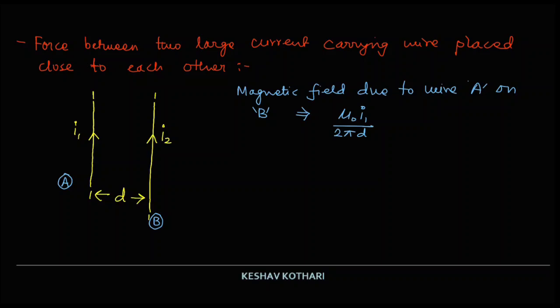So if I select a portion somewhere in the middle of the wire, say having length L, the direction of magnetic field due to this is in the inward direction, having the strength mu naught I1 upon 2 pi d. The direction of magnetic field can simply be determined using the right hand rule.